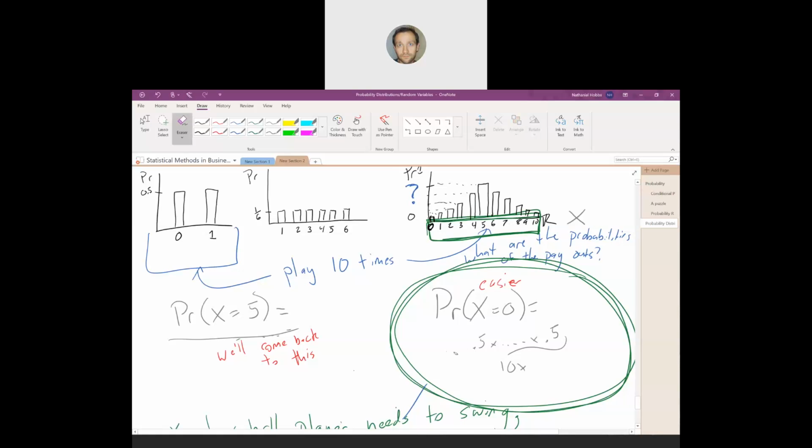Without thinking of your original approach, if I wanted to calculate, okay, if I flip a coin one time, what's the probability of heads? 0.5.